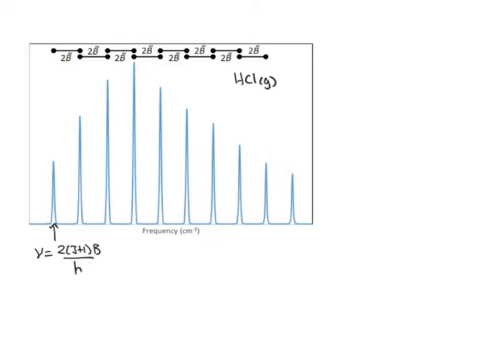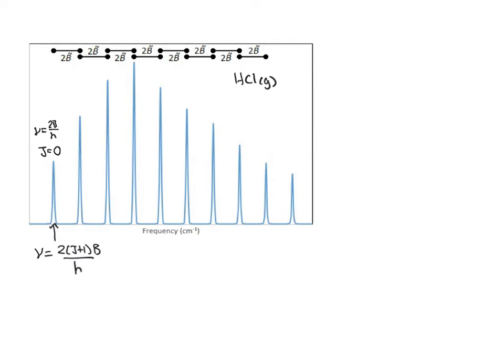So I can assign a J value to each one of these peaks. The lowest energy peak, the lowest frequency peak, is going to be for J equals 0. And when J is equal to 0, my frequency will be 2B over h. So if I assign this peak to J equals 0, then this frequency is 2B over h.